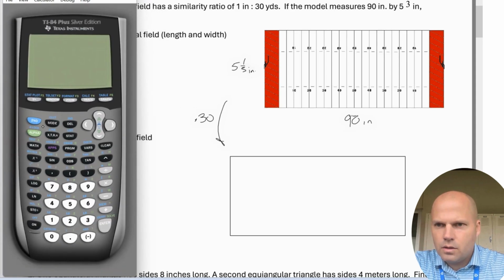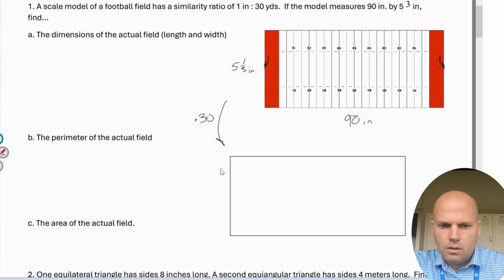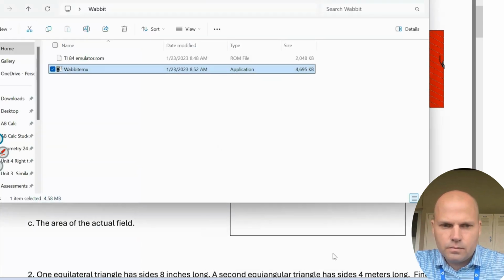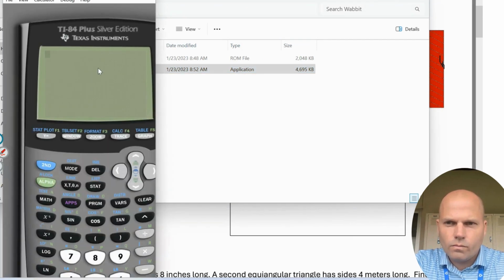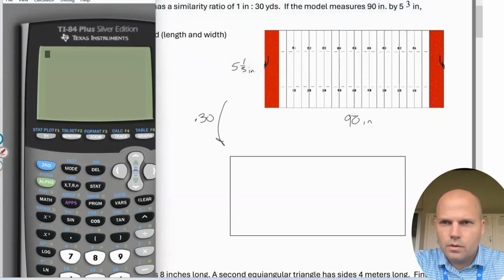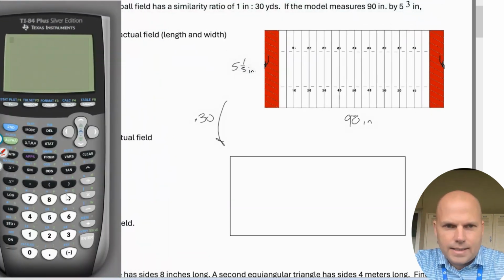And I would love to see if my calculator would turn on. Let me try again. And there it is. So we got 5 1/3. What is 5 1/3? Well, you can do 5 plus a third.